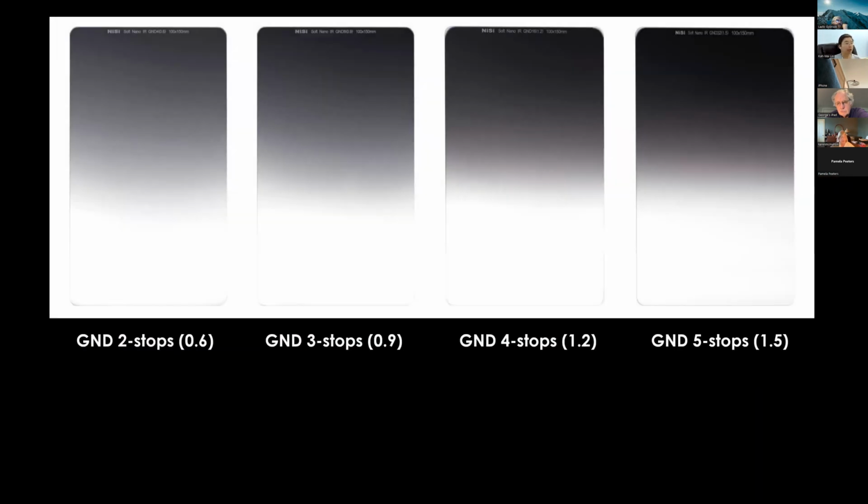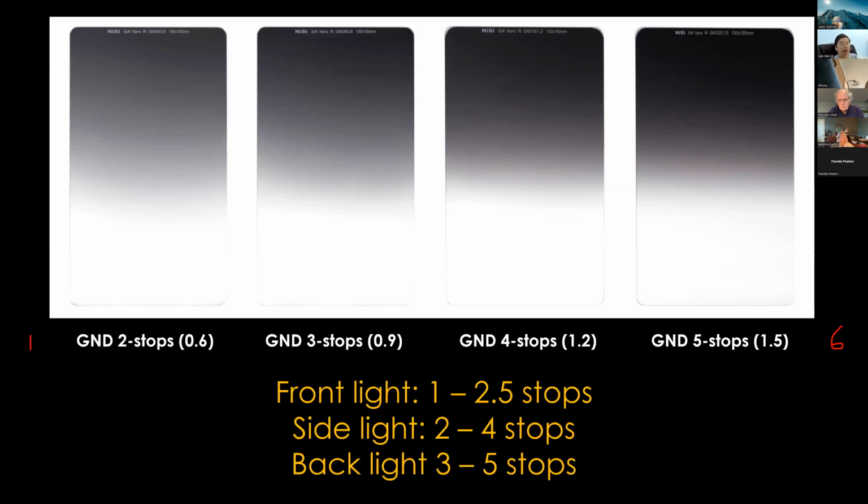And GNDs, the graduated neutral density filters, are manufactured in different calibrated densities. Some brands produce a one-stop, some brands even produce a six-stop. So basically, you can get them from 1 stop all the way to 5 or 6 stops. However, which GND to use depends on the contrast between the sky and the ground.